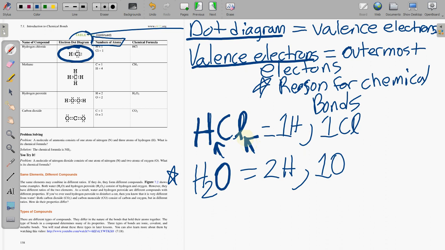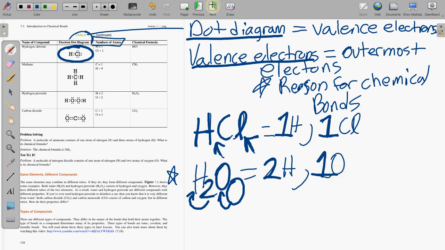So that tells us that in this formula, HCl, there's one hydrogen and one chlorine, right? So 1-to-1 ratio. In H2O, there's a 2 here, and that goes for the hydrogen. There's an invisible 1 that goes for the oxygen. So there are 2 hydrogens and 1 oxygen in H2O.